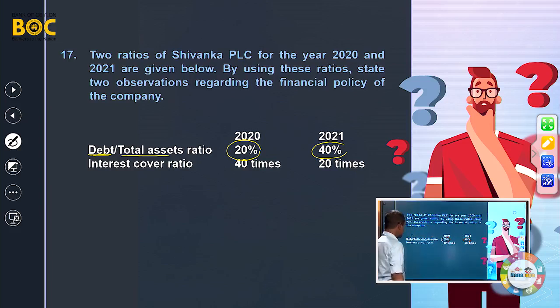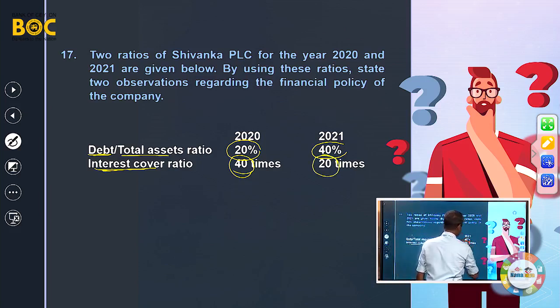See the interest cover ratio. Last year it was 40 times. Your profit was sufficient to cover your interest 40 times in 2020. But in 2021 it has reduced to 20 times.